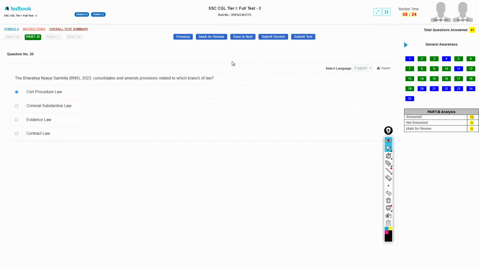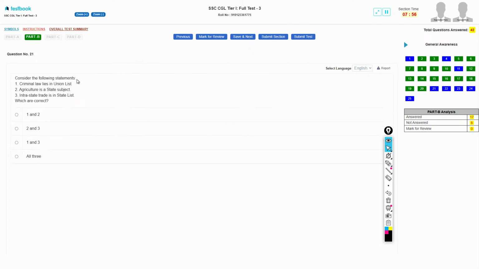Sakshya Adhiniyam is for evidence. So it's either criminal substantive or civil. Bharatiya Nyaya Sanhita, BNS, and Bharatiya Nagarik Suraksha Sanhita something. I think criminal procedure. Okay.